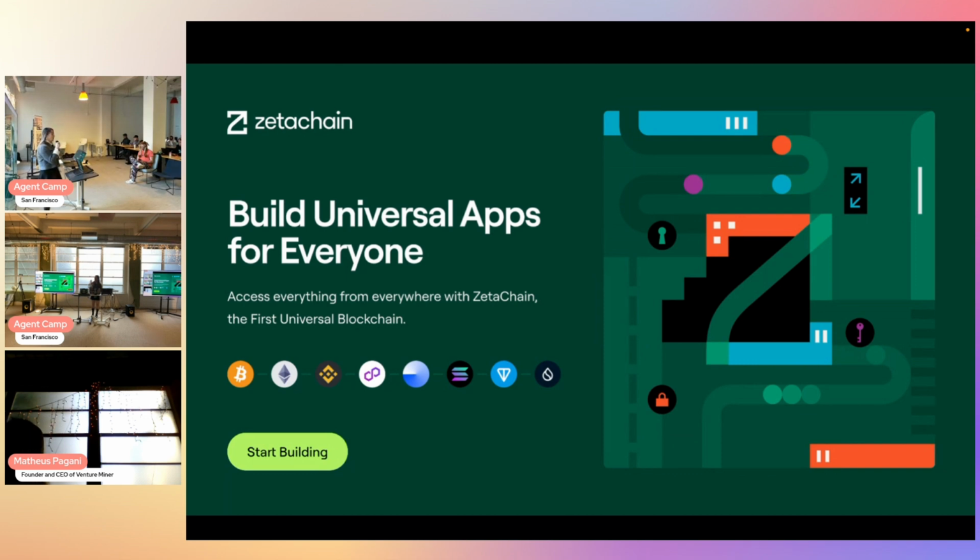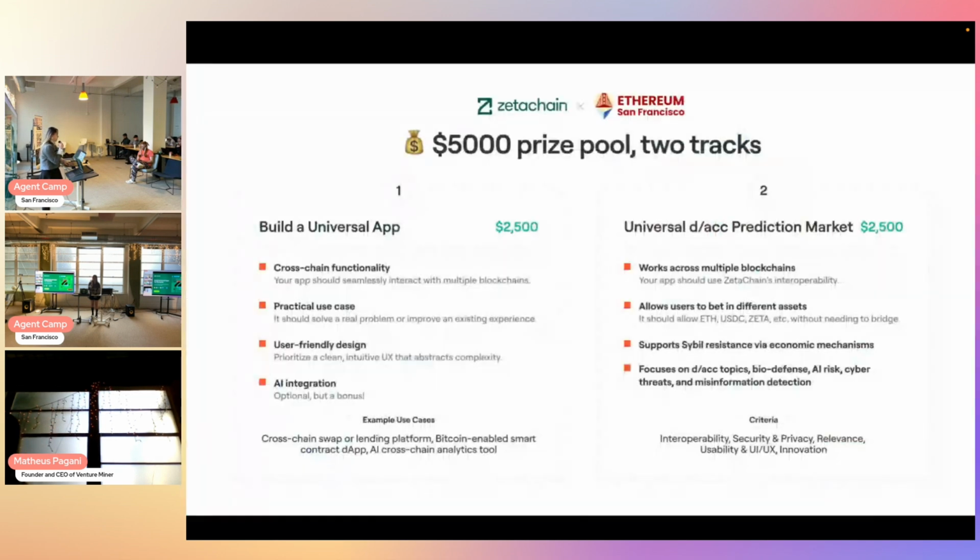We're EVM compatible, so Ethereum, Polygon, BSC. We also integrate with non-EVM chains like Solana, Ton, Sui. And one thing that makes us stand out is we integrated with BTC as well. Everything is without wrapped tokens or bridging; it's all truly native access.